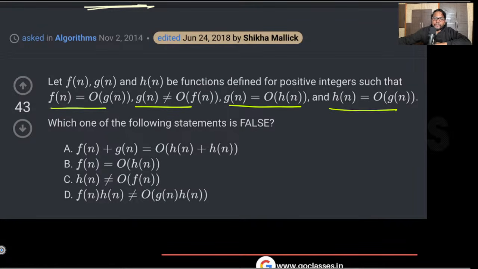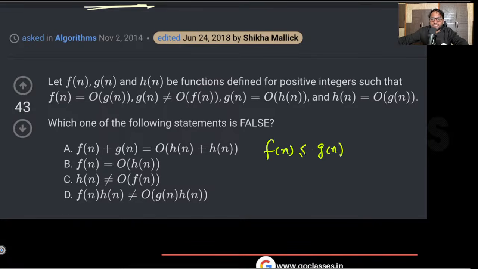Now they are saying that Fn is lesser than equal to Gn. I mean I should be writing C into something, but I'm not writing it, but that's fine. And Gn is not related to Fn. I mean Gn is at least not lesser than equal to. Maybe greater, may not be any relation, right? You don't know actually. They have not given any relation. Gn is lesser than equal to Hn, and Hn is also lesser than equal to Gn.